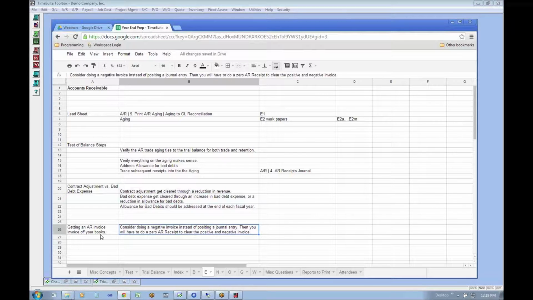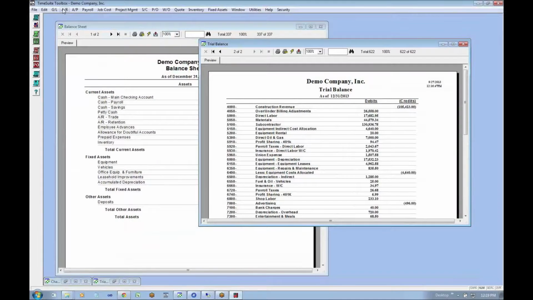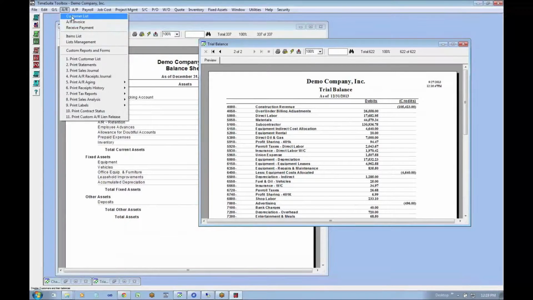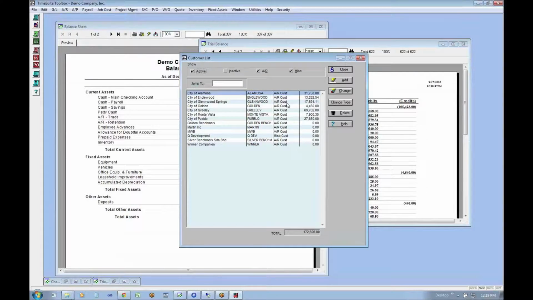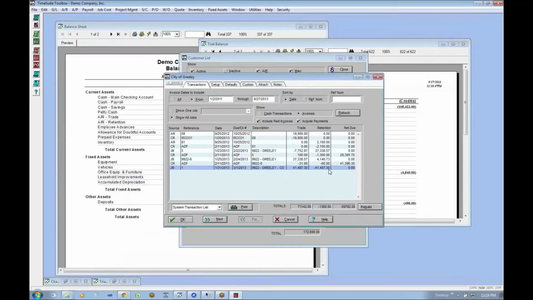Getting an accounts receivable invoice off your books. Now, the auditors will do journal entries, but that doesn't take it out of your subsidiary. So if they do a journal entry, it's not going to affect your subsidiary. For example, if you had a journal entry to get a $41,000 invoice off the books, it doesn't change it here.